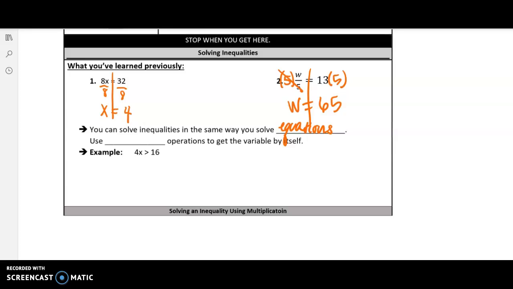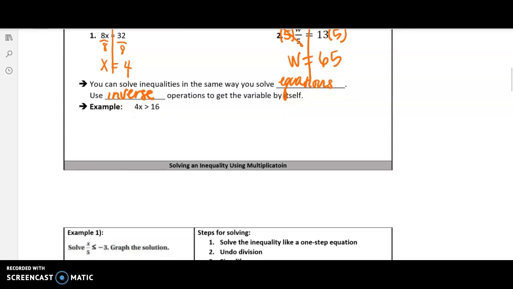All right, so we use the inverse operation to get the variable by itself. So just like we did before, we're going to draw our line down the inequality.